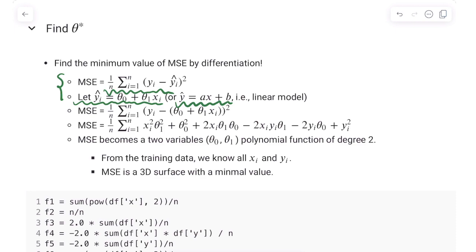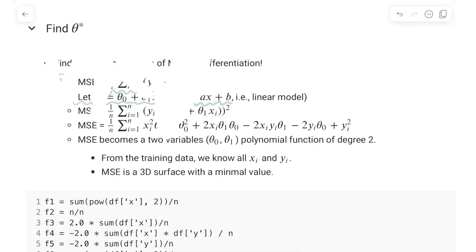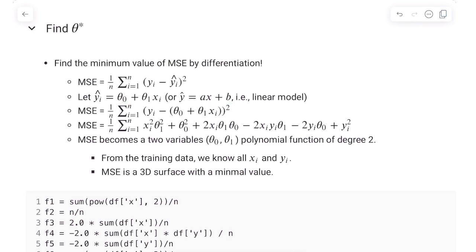So we simply put this y hat value, which is the model output, into the MSE, right? And we simply expand it to this form.